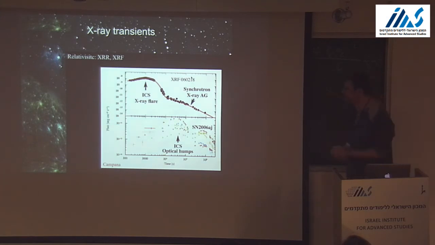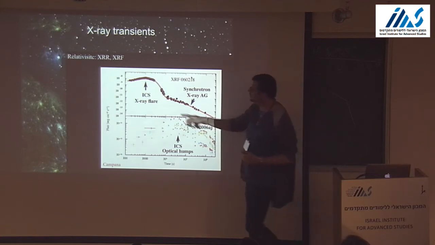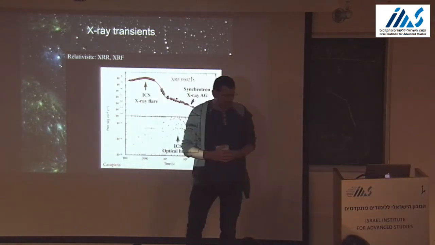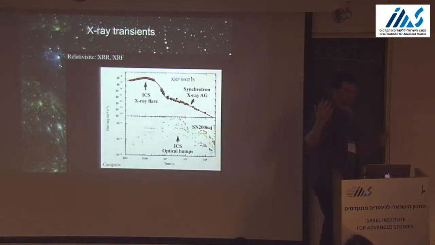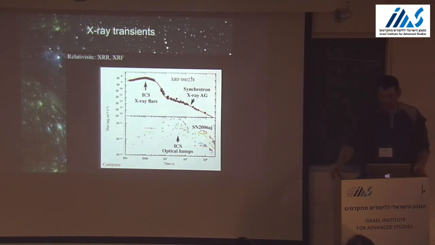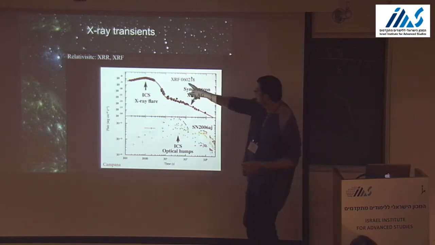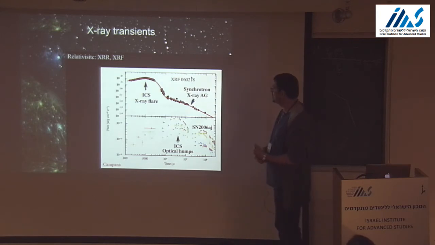Another type of X-ray transients, which is quite well known, are called X-ray rich GRBs or X-ray flashes. So these are similar to gamma ray bursts, which have been discussed yesterday already, and I will say one thing about them in the future, but at low energies. Like you have a gamma ray burst, and then you have a soft gamma ray burst. If it's extremely soft, it becomes an X-ray burst. This is one example like that, XRF from February 18, 2006, quite famous.